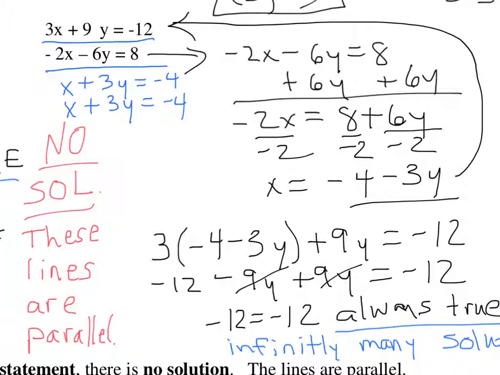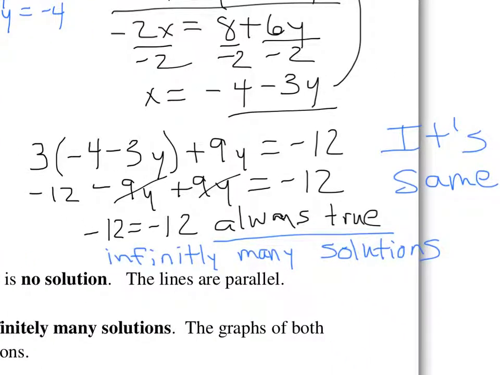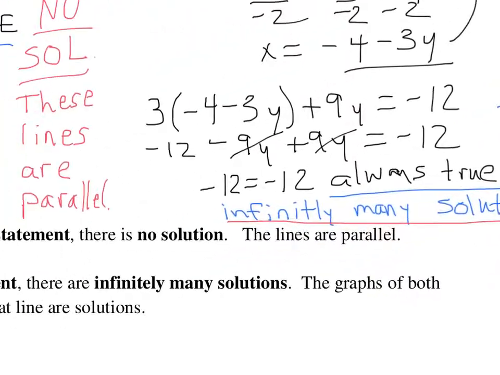You take that same equation, x plus 3y equals negative 4, multiply it by 3, you get the first one. Multiply it by negative 2, you get the second one. It's the same equation. It's the same line. So there are infinitely many solutions. It's the same line.